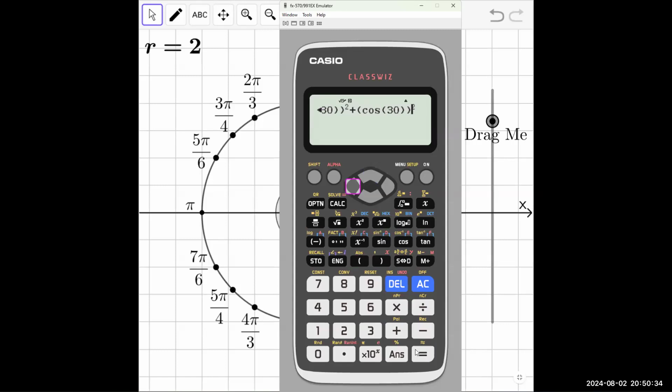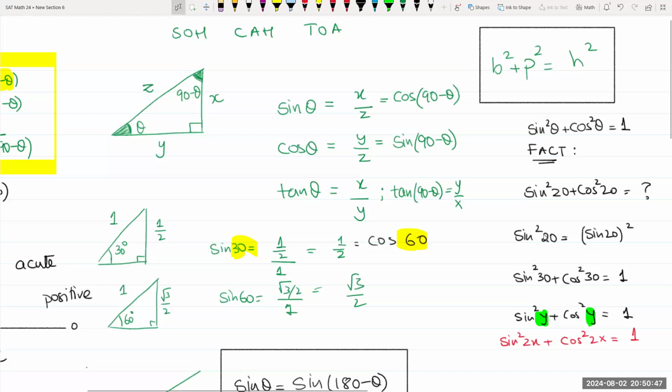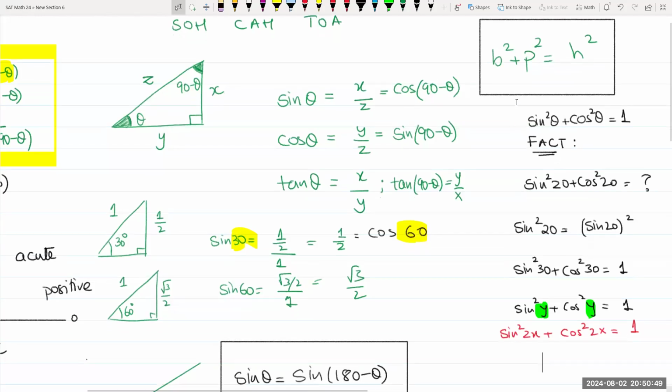We can try different angles. Like, what if we just try 3? Just 3, cos 3, and sine 3. Oh, it's also 1. So as long as these two numbers are the same, this will hold true.